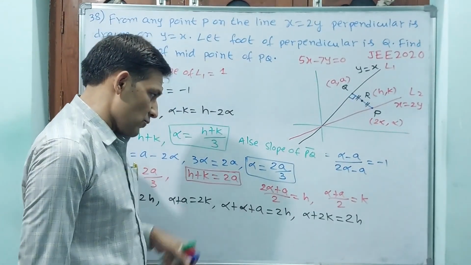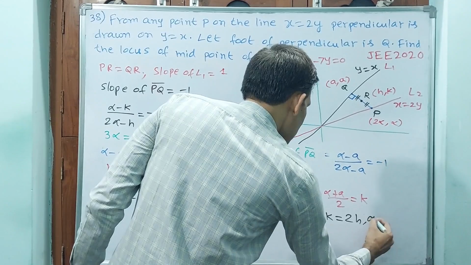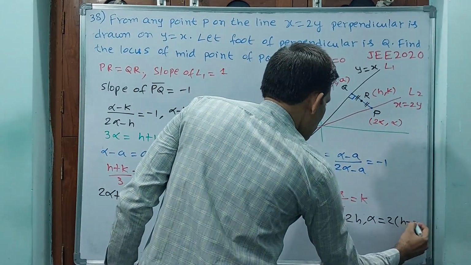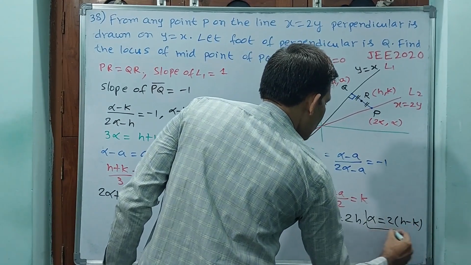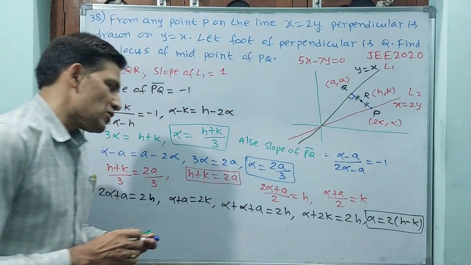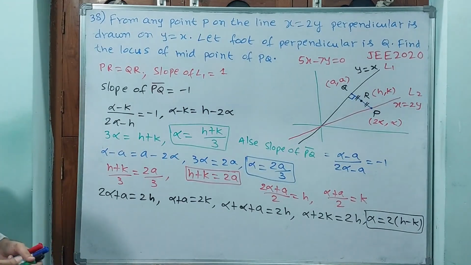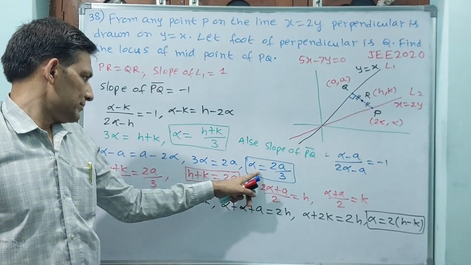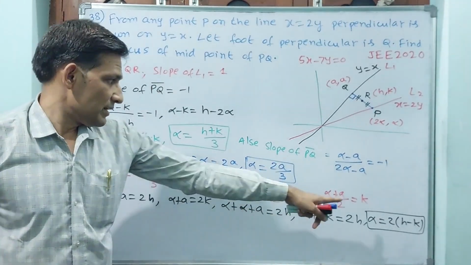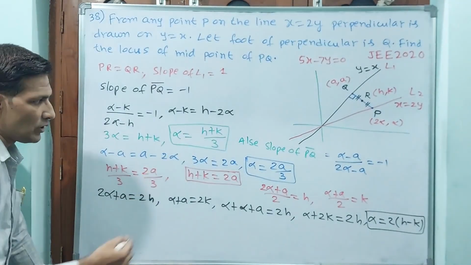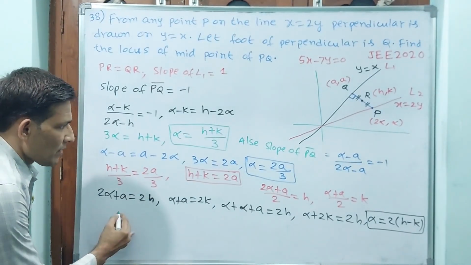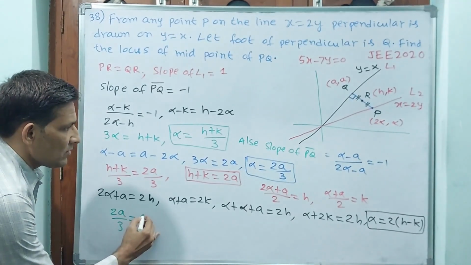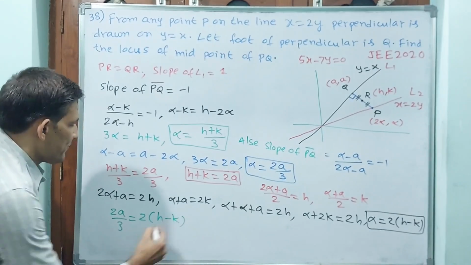Now what I want to do: alpha is equal to 2h minus 2k. Now see, alpha is equal to 2a by 3 you are having here. Then you solve these two. 2a by 3 is equal to 2 into h minus k.